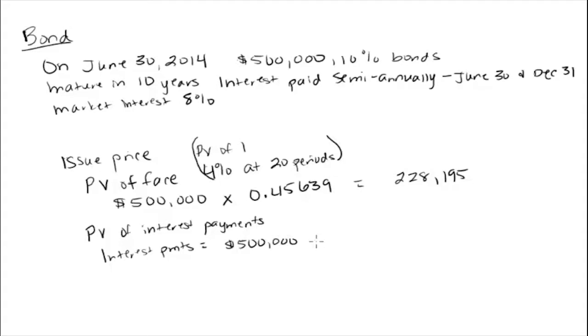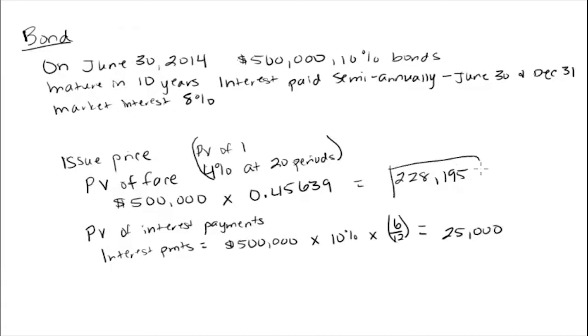What's the rate? You really can put 10% if you want to here. Because what's the time? It's semi-annually, so it's 6/12. Or you can shortcut this and do 500,000 times 5%. It doesn't matter. You're going to get the same number either way. Every 6 months, you're going to pay $25,000.